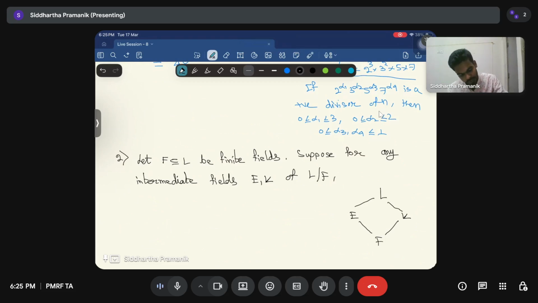For any intermediate fields E and K, either E is a subset of K or K is a subset of E.